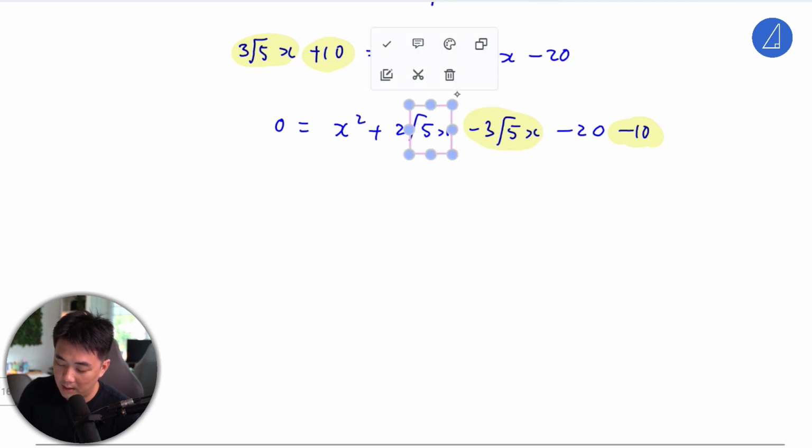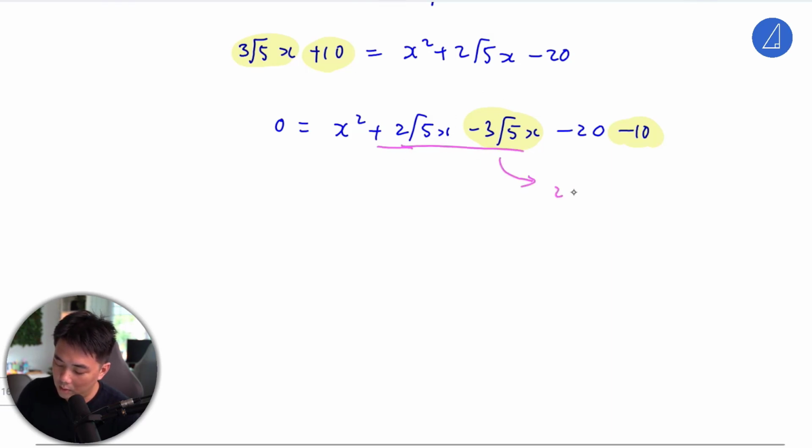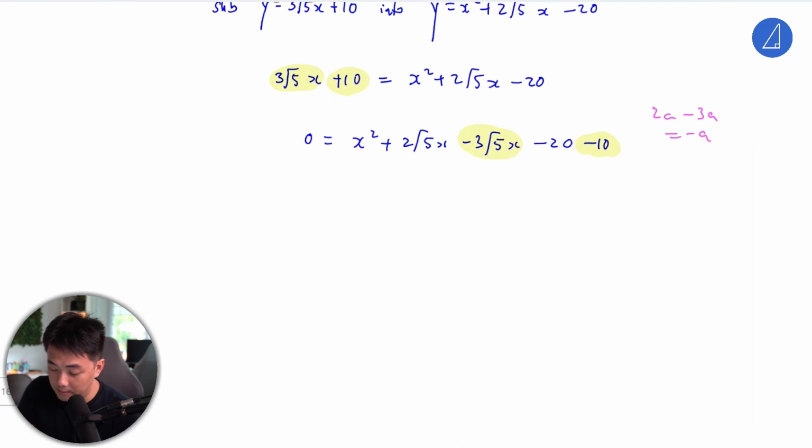So you see it as 2 of something minus 3 of something, or 2a minus 3a, which is actually negative a, right? So essentially this part here, what we get is 2 minus 3, which is minus root 5x minus 30.